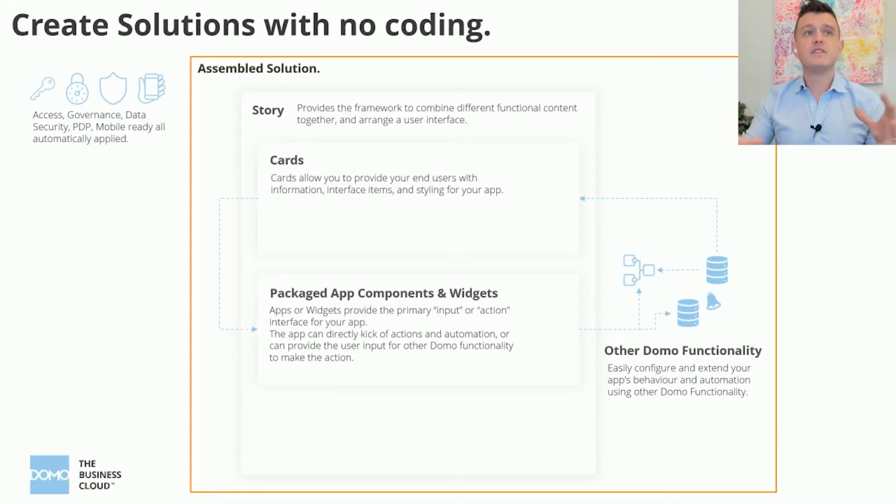Or you could have a write-back connector, and that write-back connector goes and makes API calls to a third-party platform to automatically kick off some task for you. So that gives you an idea of the different components that you need to build this solution without needing to do code.